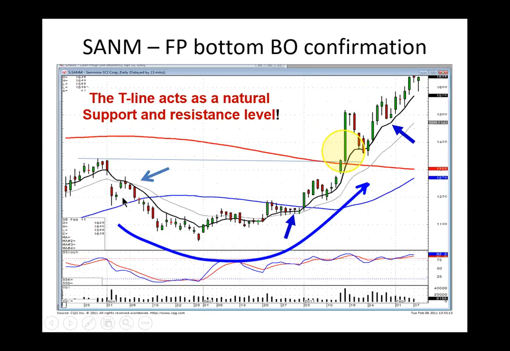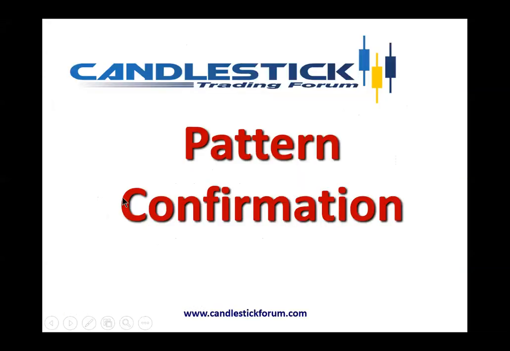Statistically, nobody has the 8 exponential moving average. So I tell people, don't take my word for it. Throw on the 8 exponential, the T-line, and watch how the candlestick buy signals constantly occur right at those levels. Again, these are levels that nobody else is watching. It's the natural support and resistance level of human nature.